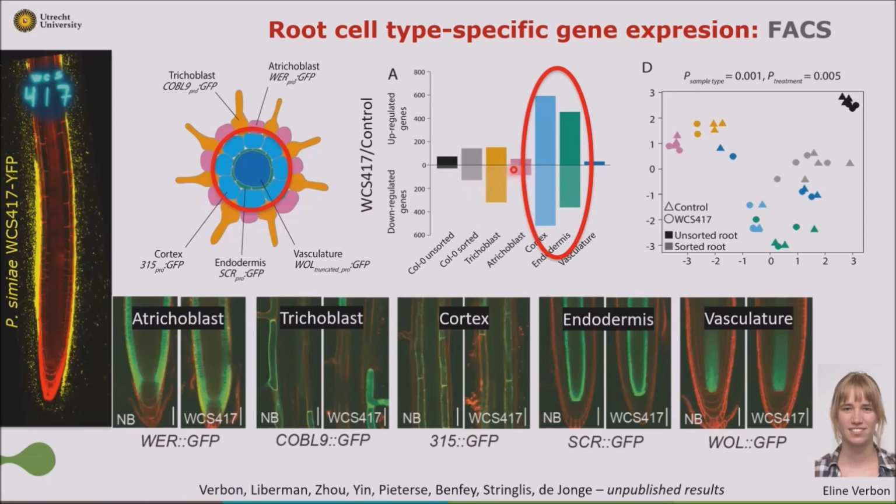They do respond, but the cell types in the middle of the root, the cortex and the endodermis, respond much more strongly than the cell types that are in immediate contact with the Pseudomonas bacteria. So the cell type inside the root is responding most strongly to the colonization of the roots. If you do an ordination plot of all the different cell types, you nicely see that each cell type responds differently to the colonization of the roots by the Pseudomonas bacterium.